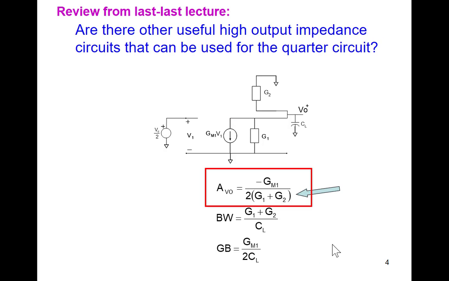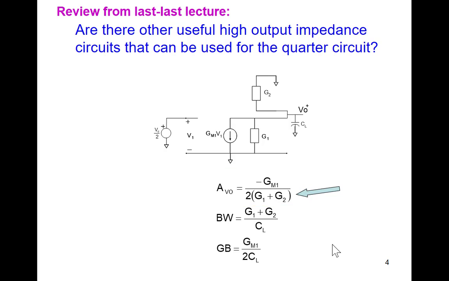The argument was, if you want to increase the gain of the half circuit, which is derived from the quarter circuit, we can either increase GM1, or we can decrease G1 plus G2, or both. So what we did last time was with the Cascode circuit.